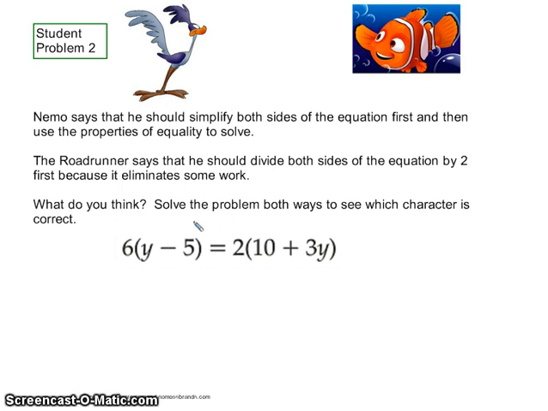What do you think? Solve the problem both ways to see which character is correct. So I want you to write this problem down twice and solve it first Nemo's way and then the Roadrunner's way to compare those methods. So go ahead and pause the video and try both of those.